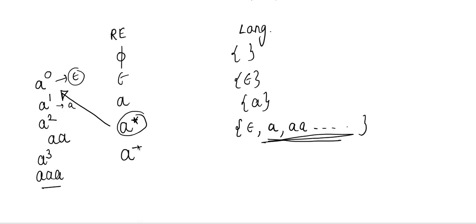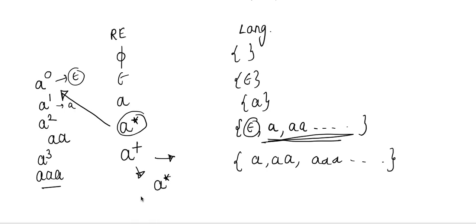Now we have something called a plus. It means we are not going to include epsilon. Without the help of epsilon, it becomes like this: a, aa, and so on. So how does it become this? We can simply say, we have a star, which includes epsilon.